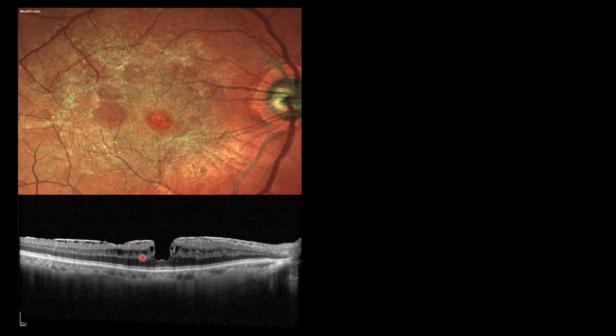So this is what we call a pseudo hole. So something that appears as a hole but is actually not a hole. It is because the epiretinal membrane, which is constricting the retinal surface, causes distortion of the foveal contour so that it appears like a hole, but actually there is none.